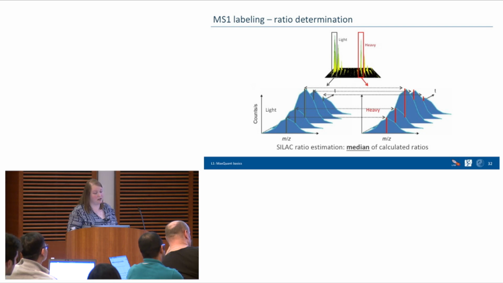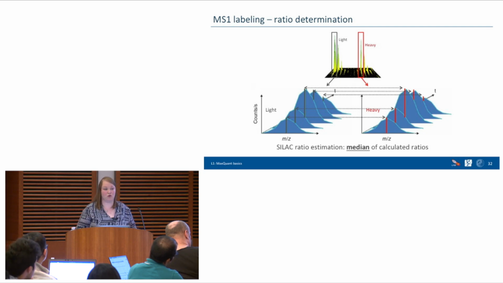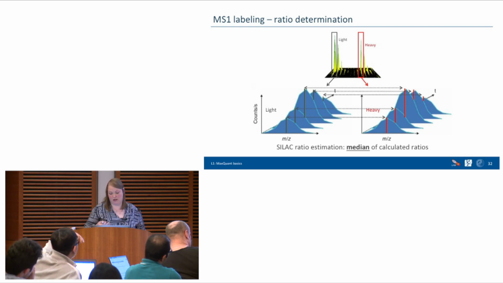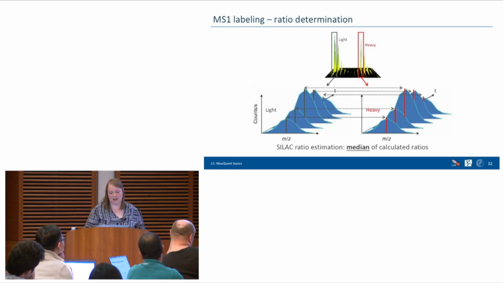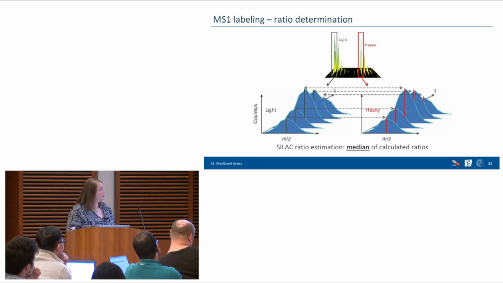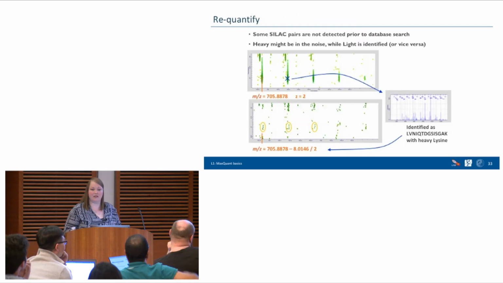The median is then taken as the ratio. This is also more robust, because if you have co-fragmented peptides, you would end up with different intensities, and the median keeps them from disturbing. Yeah?